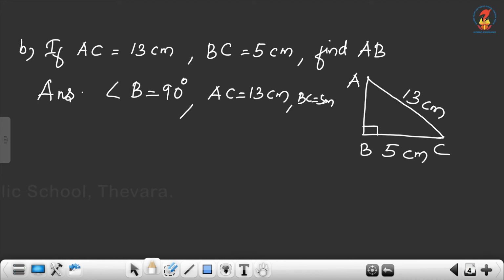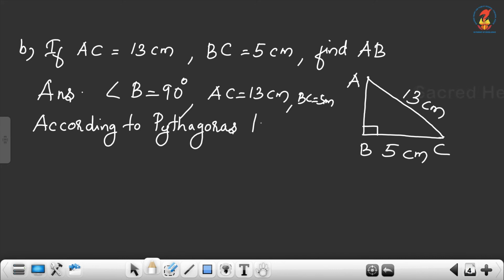Now we can apply the Pythagoras theorem. According to Pythagoras theorem, the square of the hypotenuse, that is AC square, is equal to the sum of the squares of the other two sides. The other two sides are AB and BC.